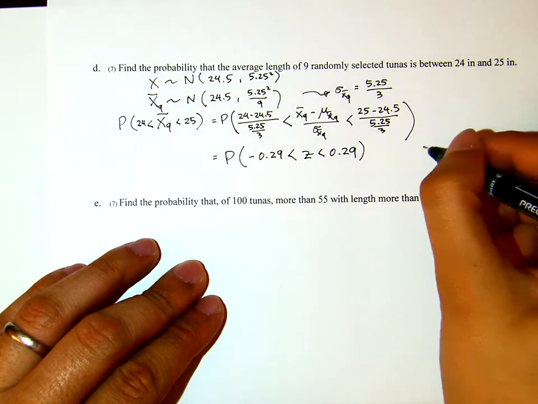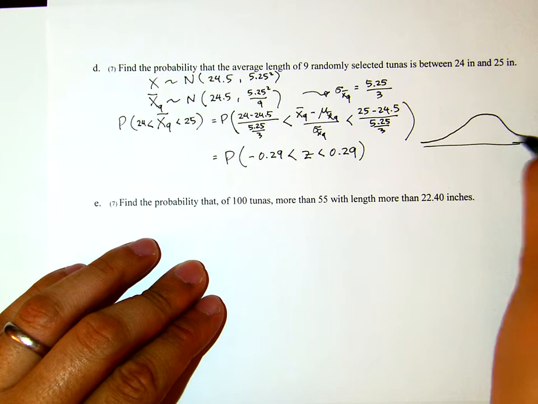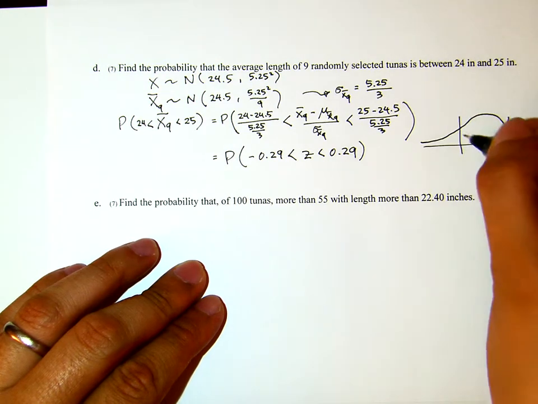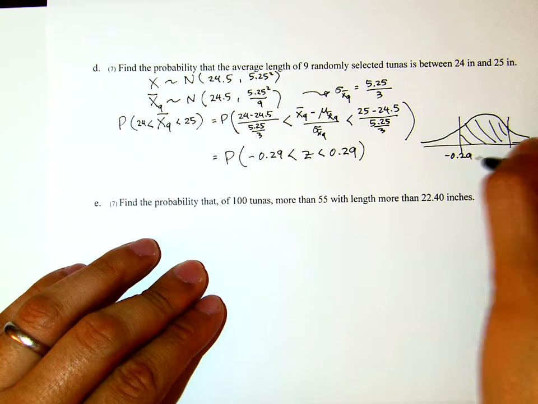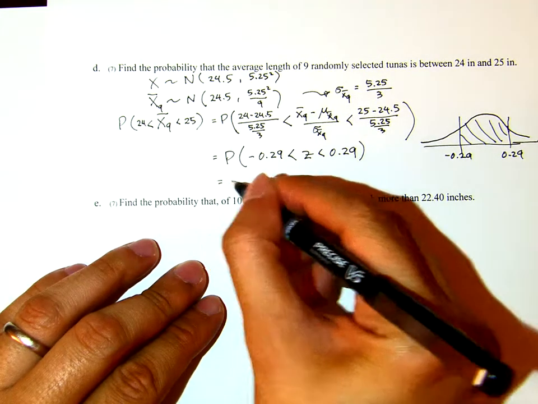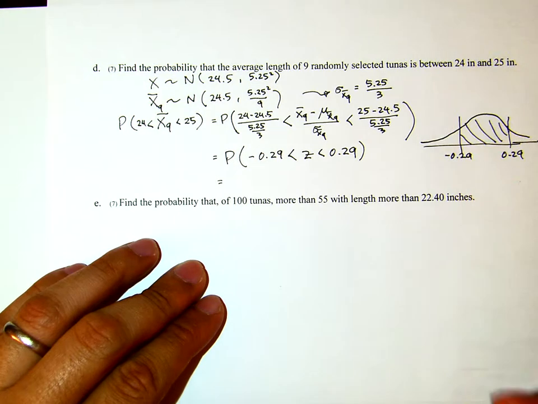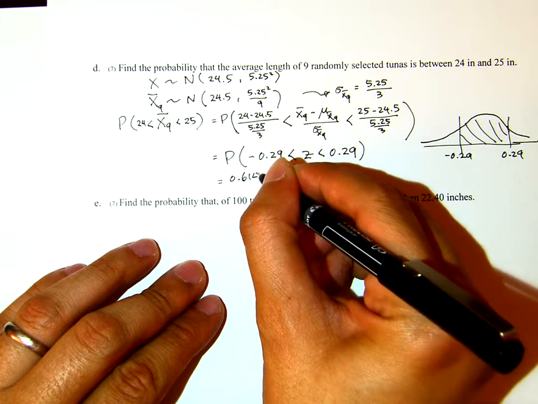Now when I use the table, let's see first the distribution. We are talking about the area between negative 0.29 and 0.29. When you look at your table, you will see the area to the left of 0.29 of the standard normal distribution is 0.614.